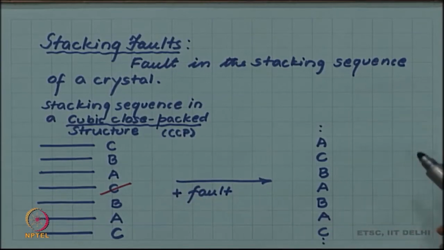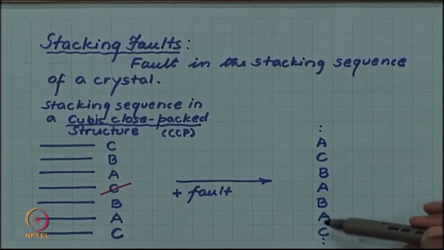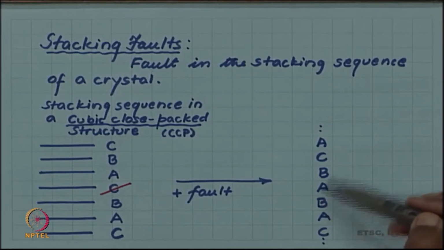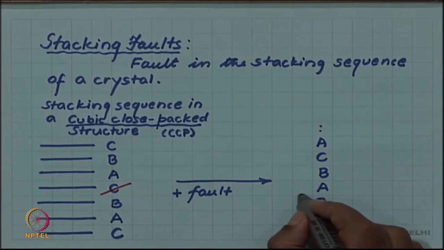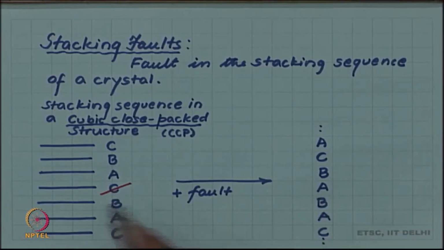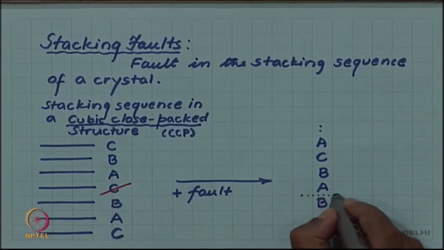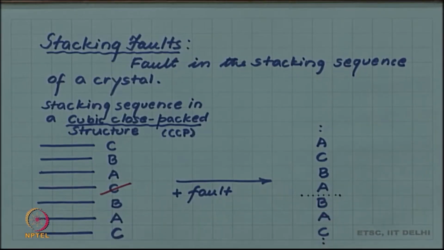Now, if you study this structure, you can see that if I start with the C and look at the stacking sequence, I have C A B, then I expected a C. C A B completes a 3 plane repeat sequence, and then I expected a C here, that C we have deleted. So, at this location there is a plane missing.